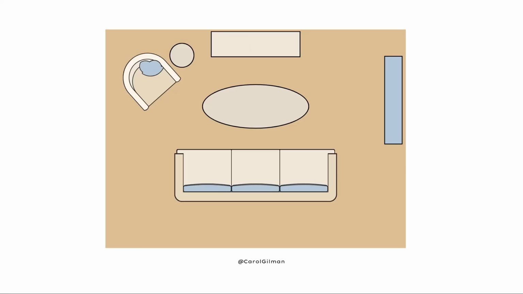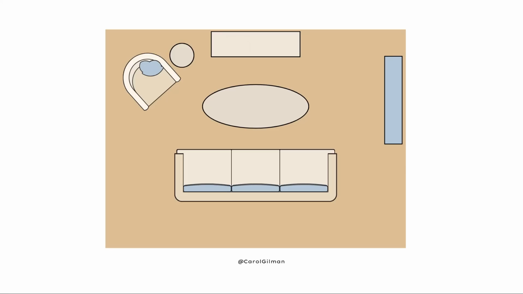Another thing that negative space helps us do is create a functional layout of different furniture in a room. When we are planning the layout of a room, we want to figure out where to put all the furniture and any other objects. But the other important part of that is to work with the negative space all around those pieces of furniture.